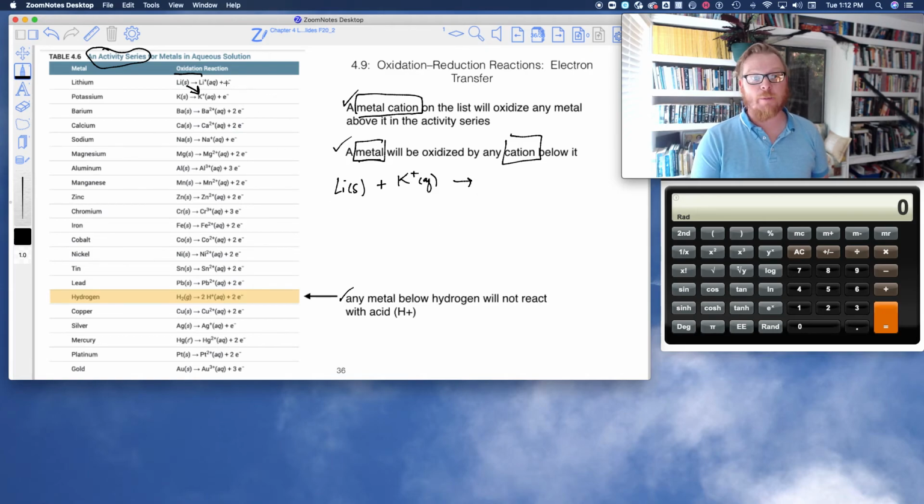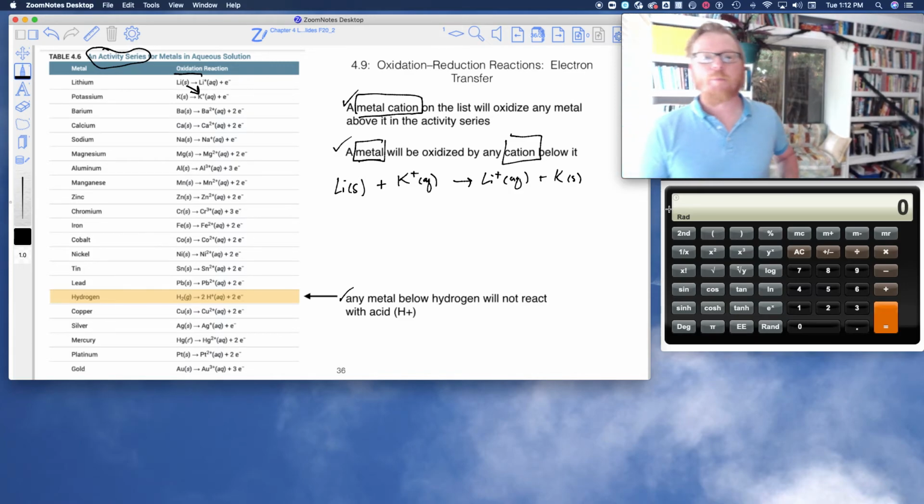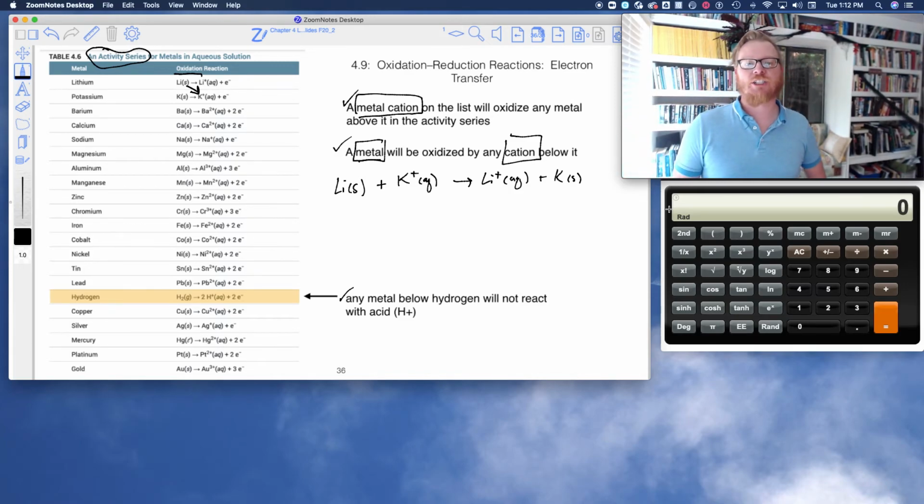And what's the reaction going to be? Well, it's got to be lithium plus aqueous plus potassium solid metal. Okay? But I could not write this reaction the other way.